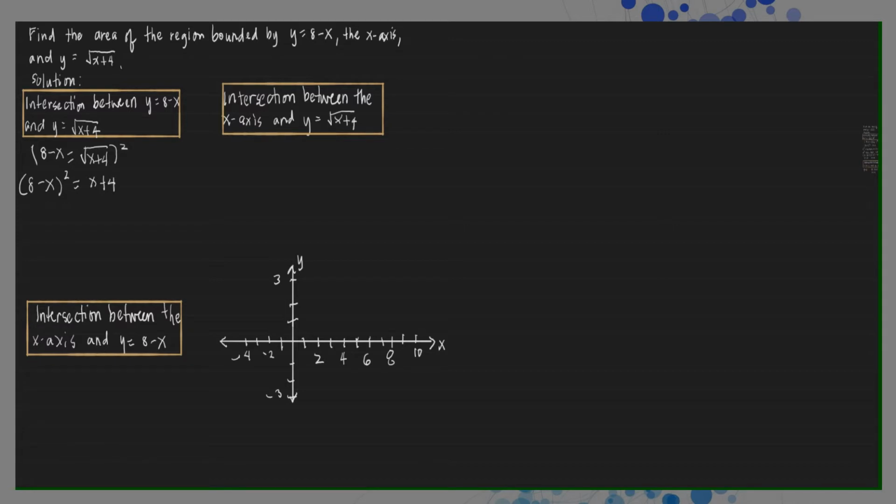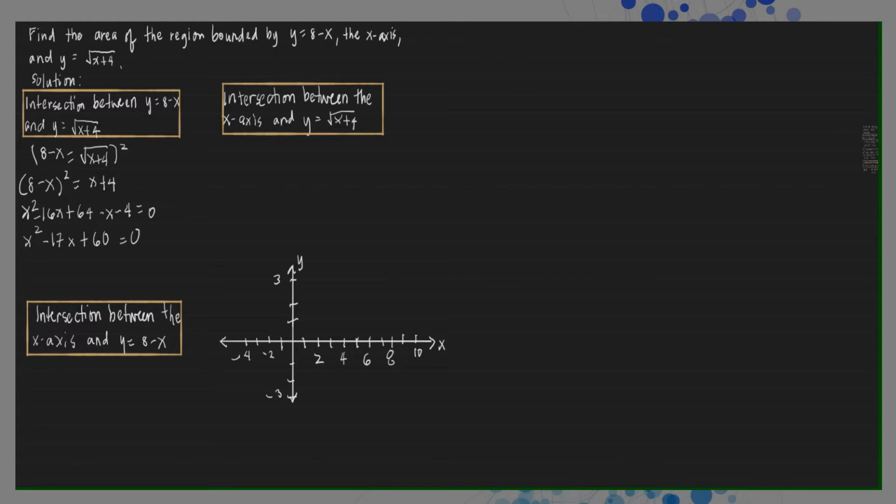And then we expand the expression on the left side, so we get x squared minus 16x plus 64, and then transpose the expression on the right side to the left side, so we get minus x minus 4 equals 0. So simplifying, this gives us x squared minus 17x plus 60 equals 0.